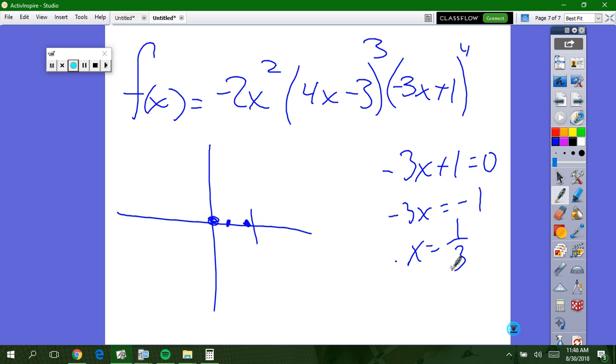But you get the idea. I don't really need to find that number. I need to know this guy's a negative. When I'm done doing all this, what's my leading coefficient come out to be? Positive. And so then I multiply that negative in. The negative times the positive is negative. It'll come out to be negative.